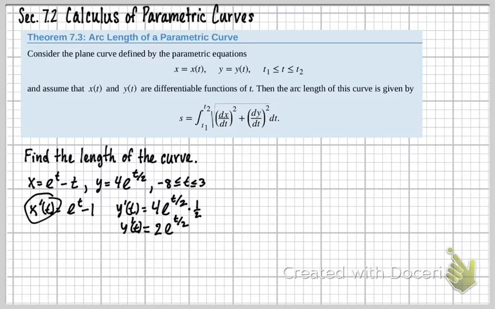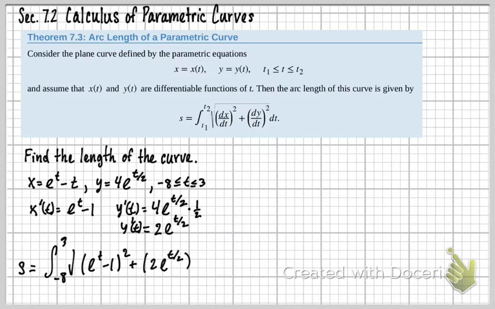So I'm just going to sub that in there and use this handy dandy formula. Here we go. So we're looking at s equaling the integral from -8 to 3, because we had our bounds here. And that's going to be the square root of, and then I'm going to put this in there, (e to the t minus 1) squared plus (2e to the t over 2) squared, and all square rooted, dt.